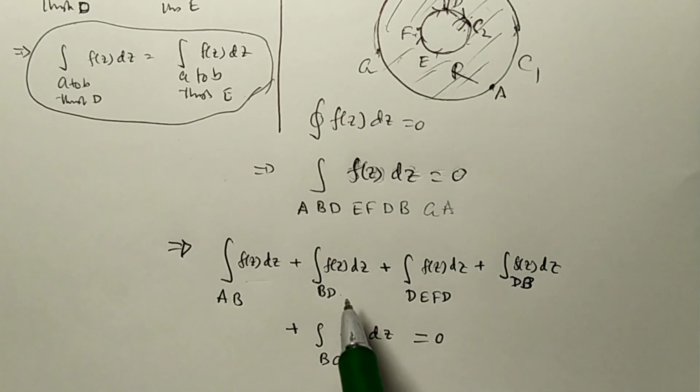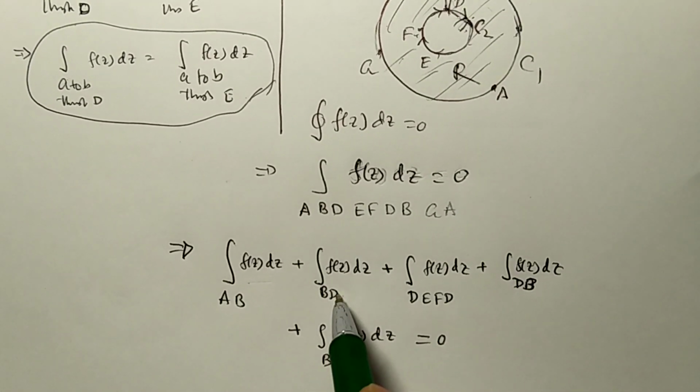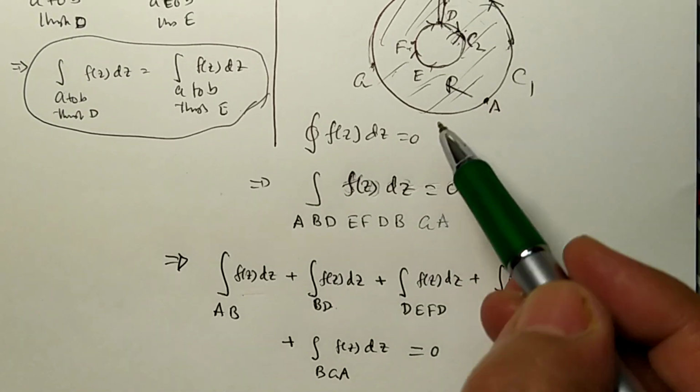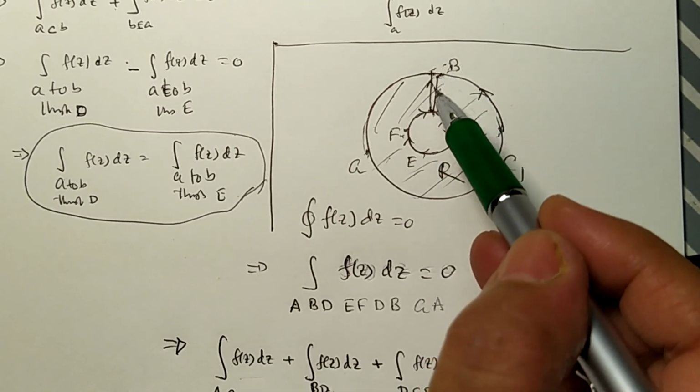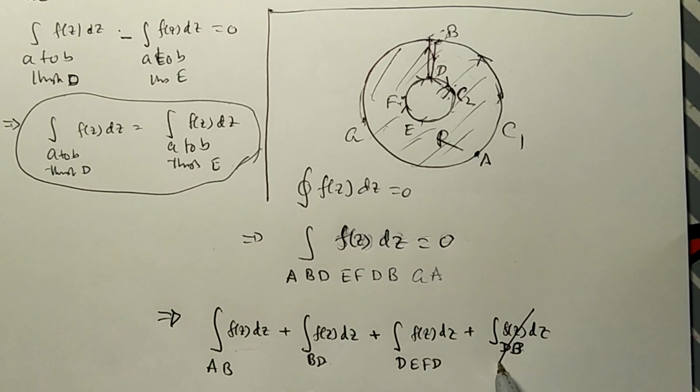Now you see that this path is from B to D and this is D to B, they are in opposite direction and therefore they will cancel each other.